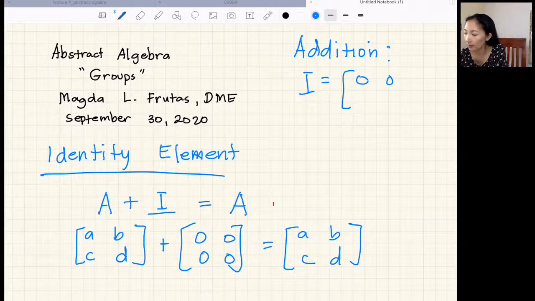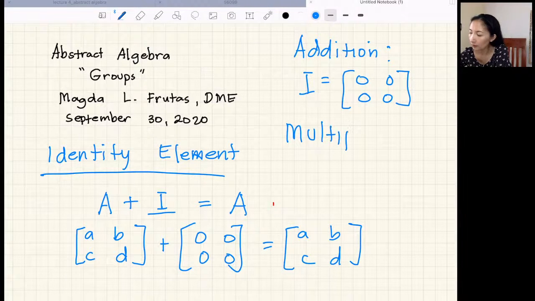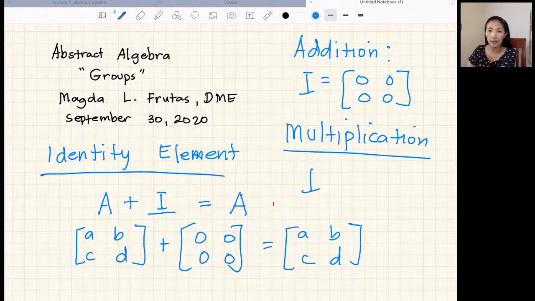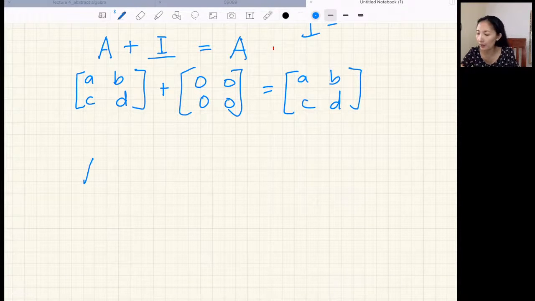Now, how about for multiplication? What is I? For multiplication, what is the identity matrix? By definition, A times I should be equal to A.